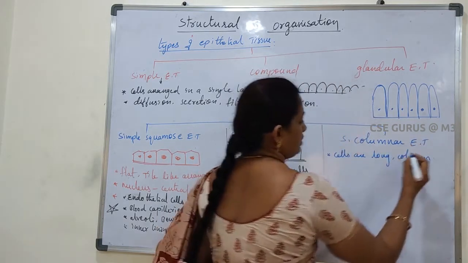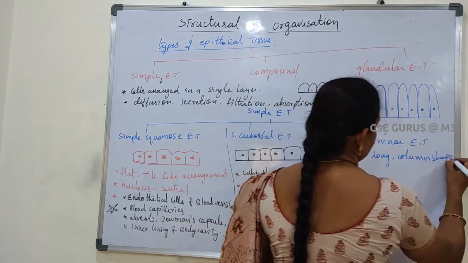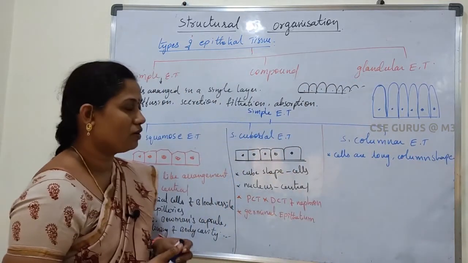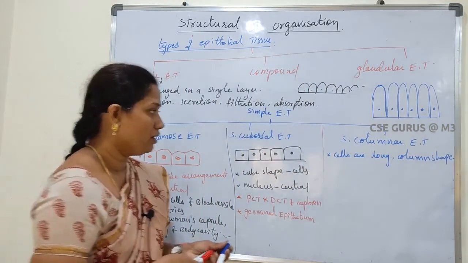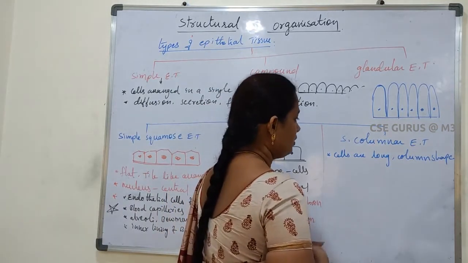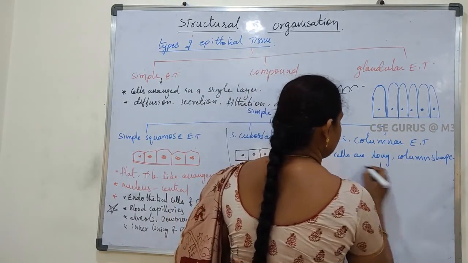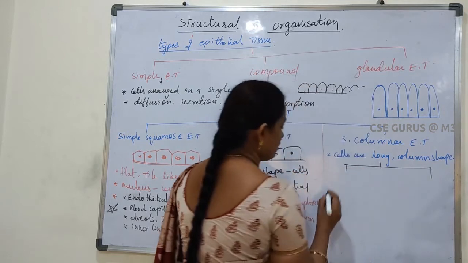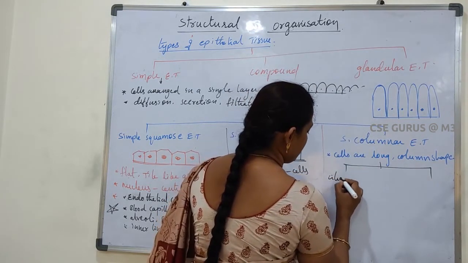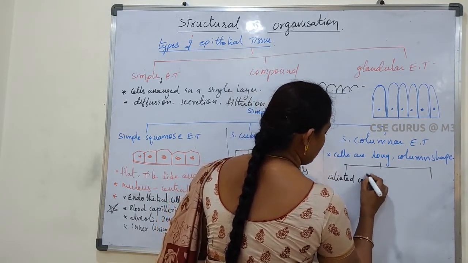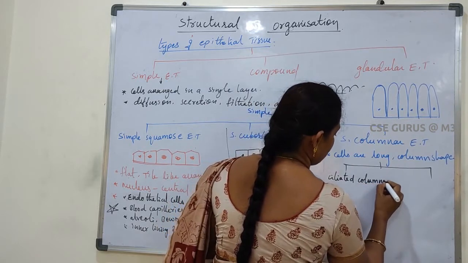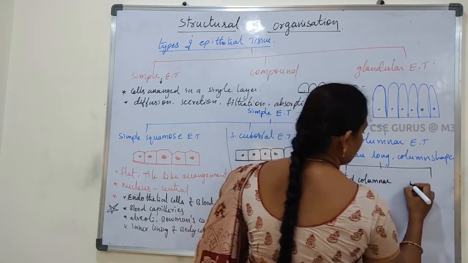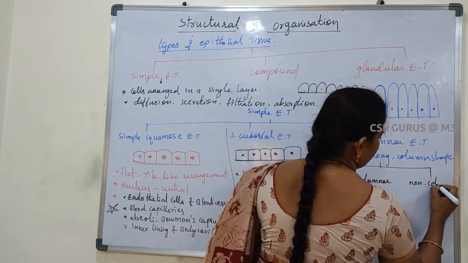That's why these are called columnar cells. Next, these are of two types: ciliated columnar tissue and non-ciliated columnar tissue.